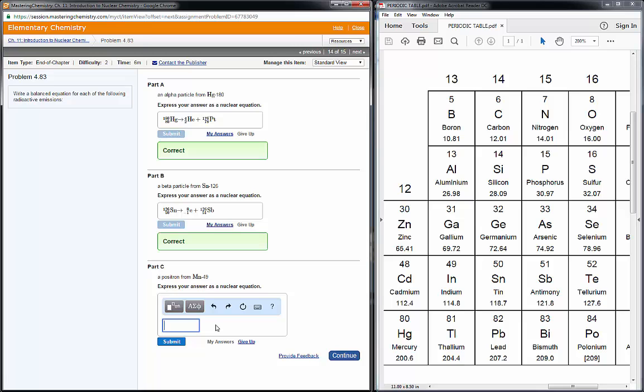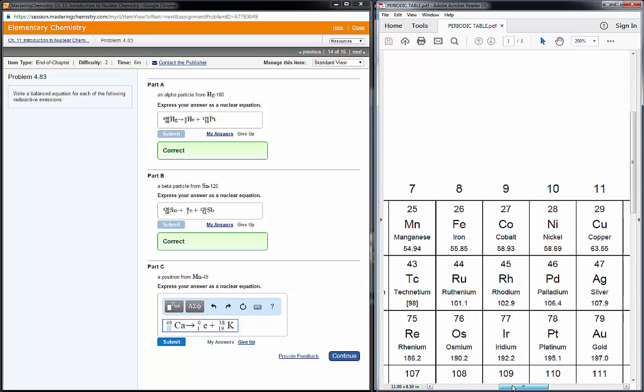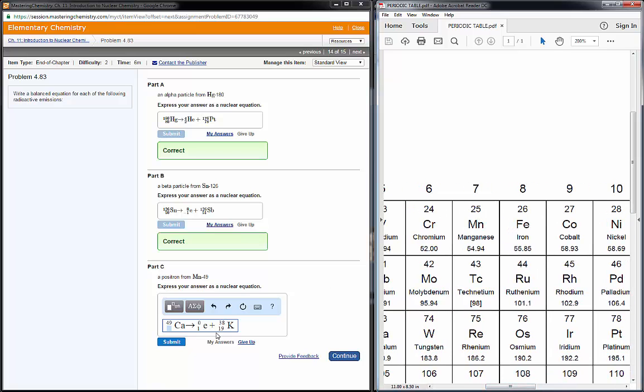And finally, a positron from manganese 49. Got a mass of 49. Manganese is, by definition, number 25.